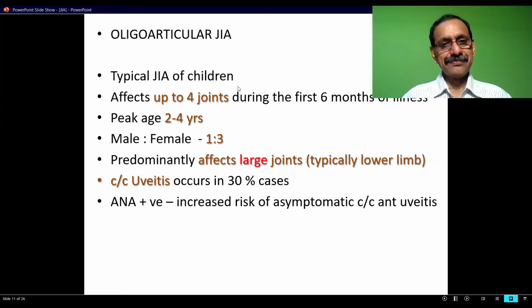And in addition, there are no rheumatoid nodules, and rheumatoid factor is negative. In addition, it has uveitis or the so-called iridocyclitis, and ANA appears to be positive. So those are the 2 additional features.